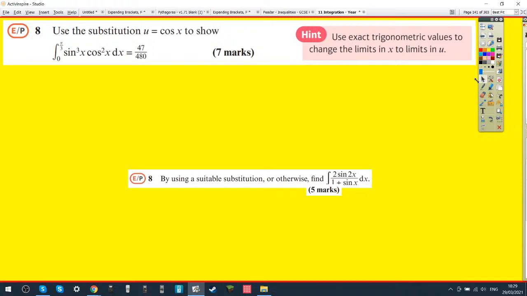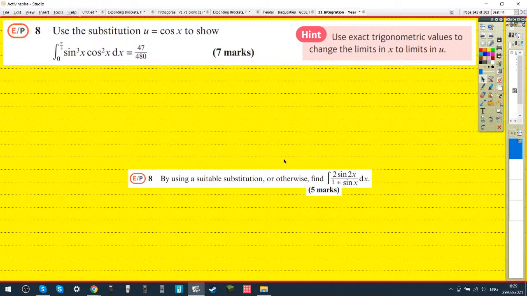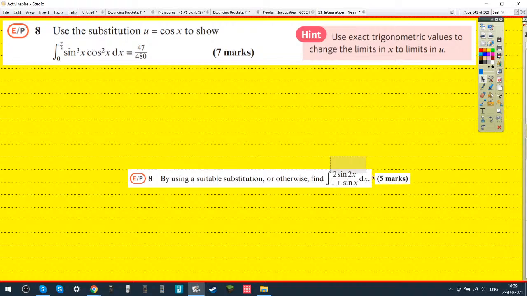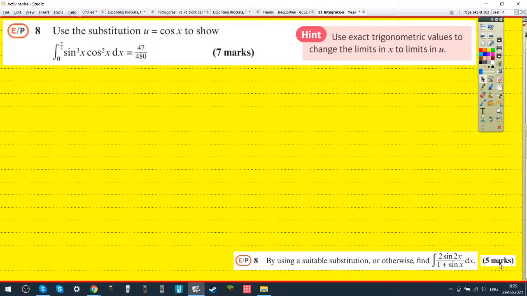So how do we do this? So if we do that, do we solve for x?